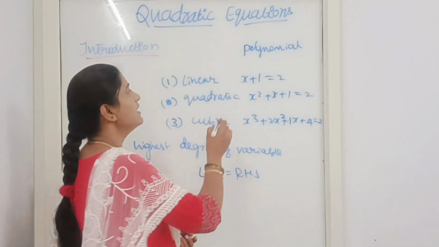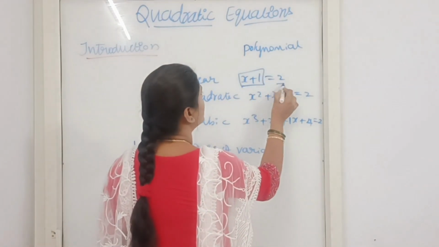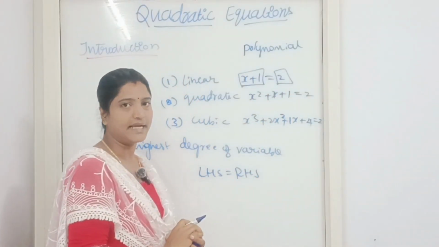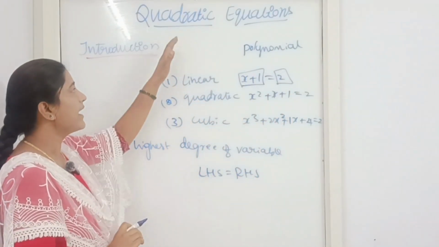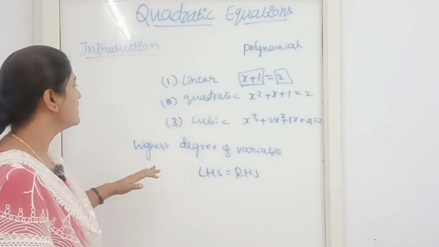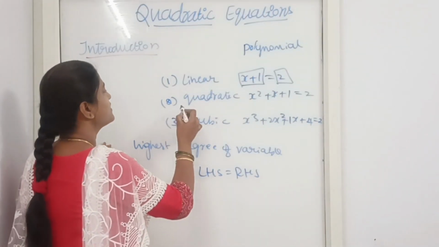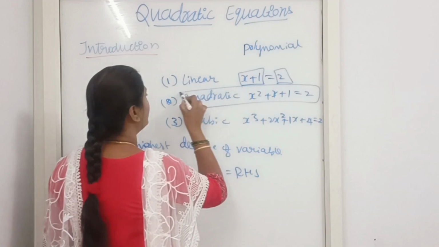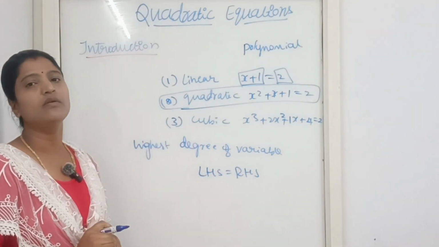That means something on the LHS is equal to something on the RHS. So a quadratic equation means the highest degree of the variable is 2 and it is an equation, meaning LHS is equal to RHS.